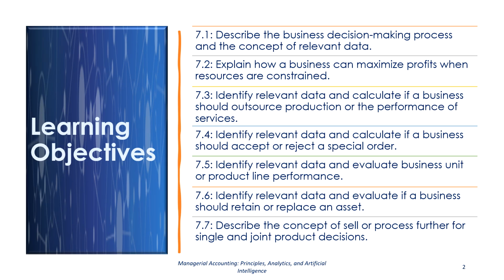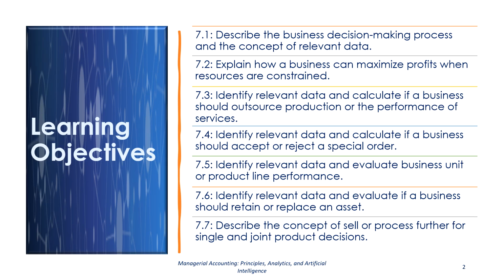By the end of this chapter, you should be able to describe the business decision-making process and the concept of relevant data. Explain how a business can maximize profits when resources are constrained. Identify relevant data and calculate if a business should outsource production or the performance of services. Identify relevant data and calculate if a business should accept or reject a special order.